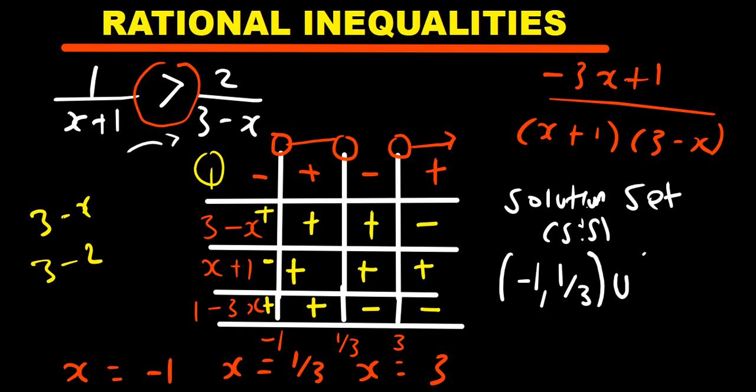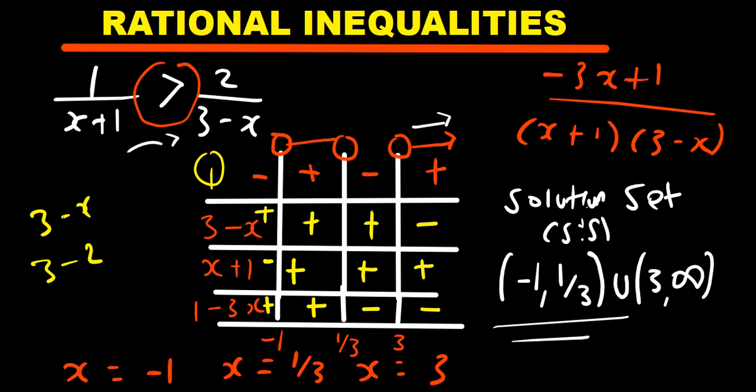Union, we cross and go to 3, but 3 is also not included, and you're able to see that this one is going to positive infinity. So we're going to infinity, like that. So this is our solution set for this problem, okay?